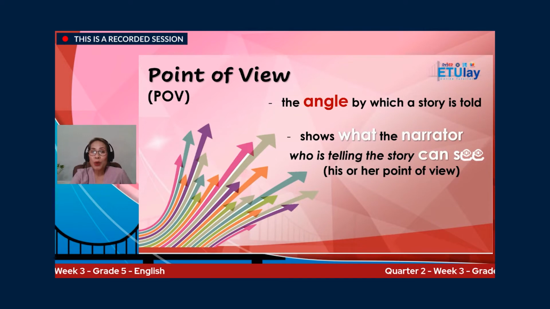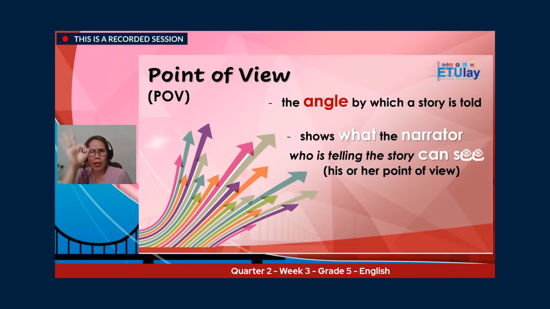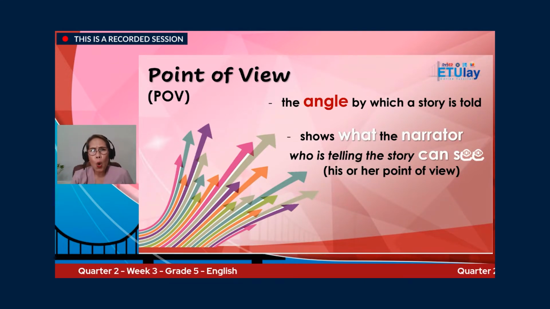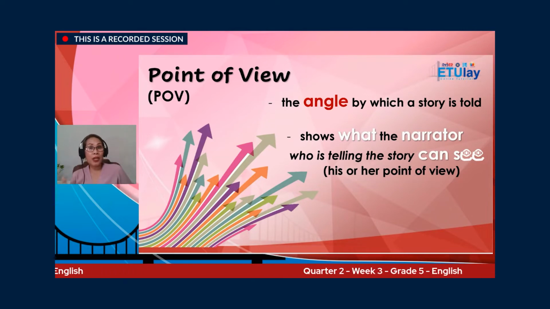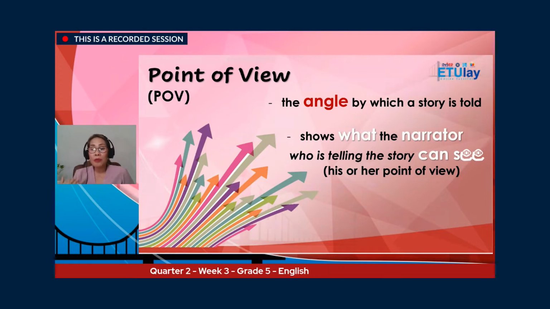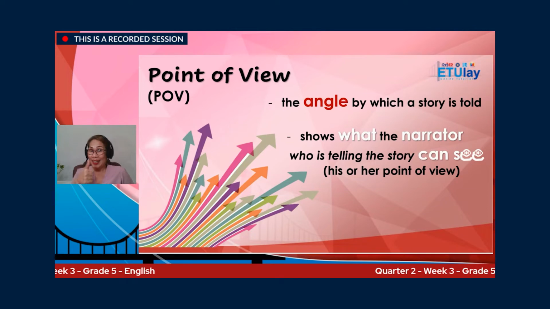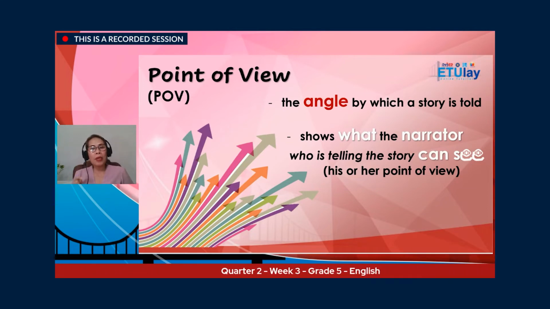It also shows what the narrator who is telling the story can see, his or her point of view. Since the story is told by a narrator, the point of view of a narrator becomes the point of view of the story. Did you get it? Again, the point of view of a narrator becomes the point of view of the story.